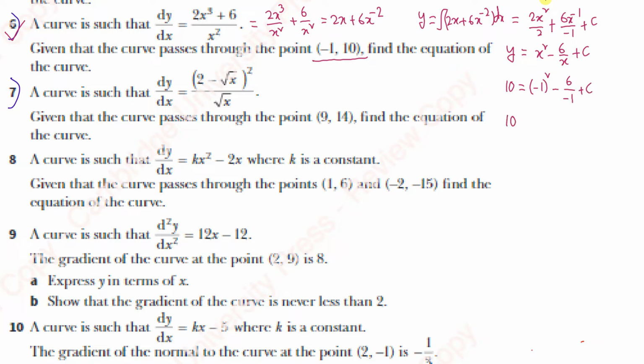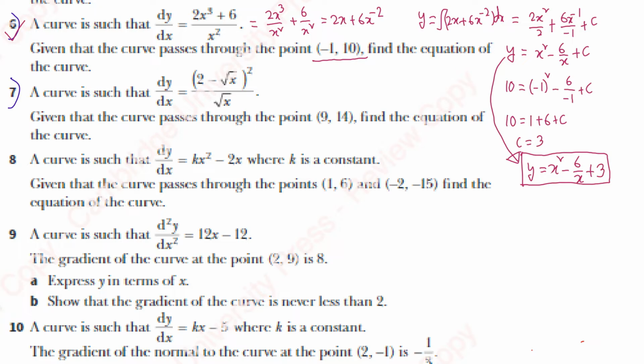So 10 equals 1 plus 6 plus c. From here c equals 10 minus 7, which is 3. So our final equation, putting the value of c, is y equals x squared minus 6 by x plus 3, our equation of the curve for this question.